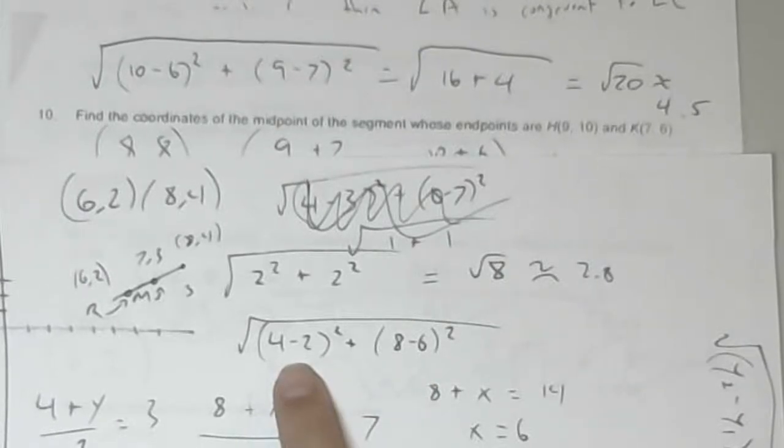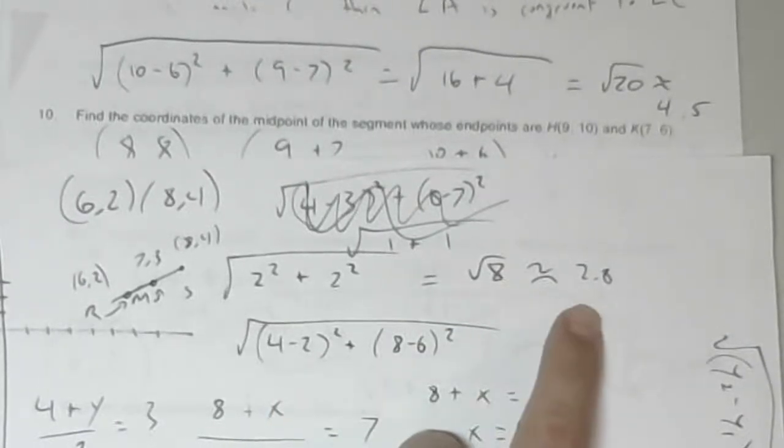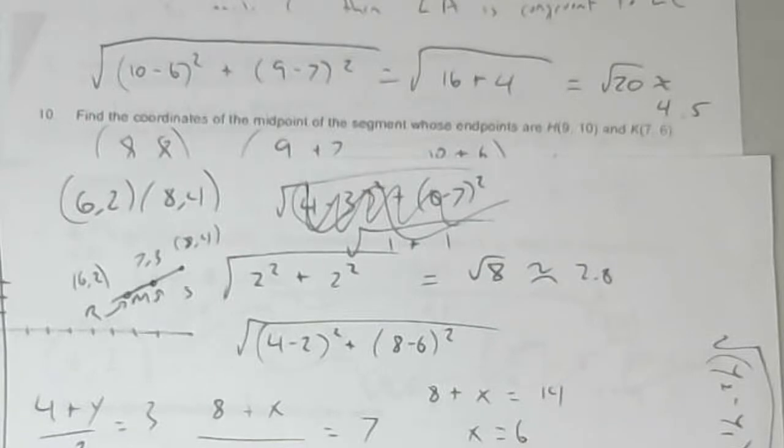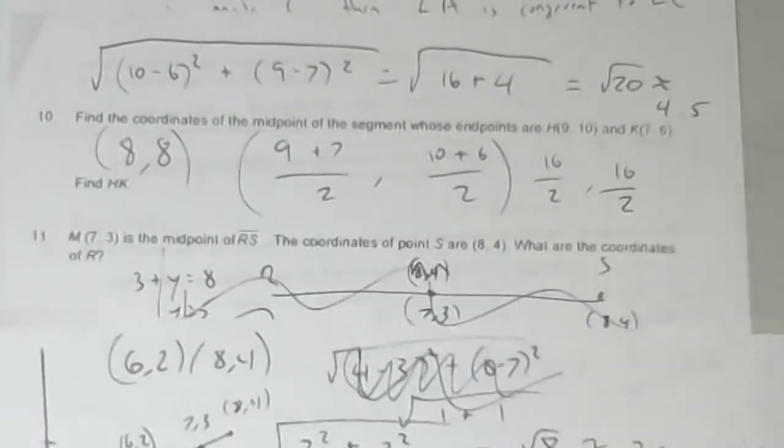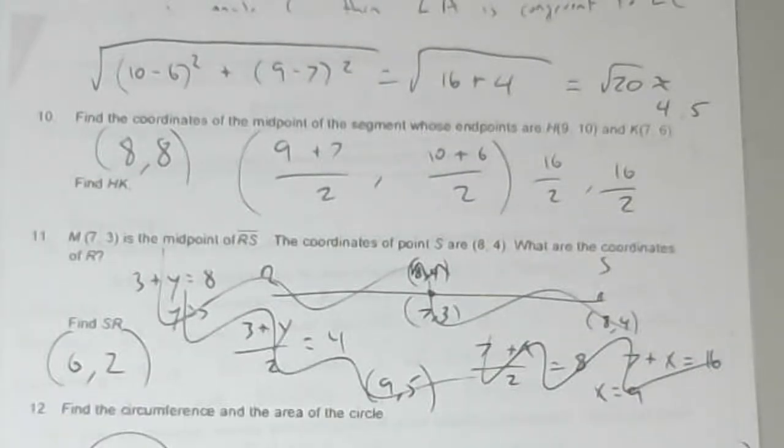So it's the square root of 8, which is approximately equal to 2.8. I incorrectly did that one and didn't finish it, so I just wanted to go over that.